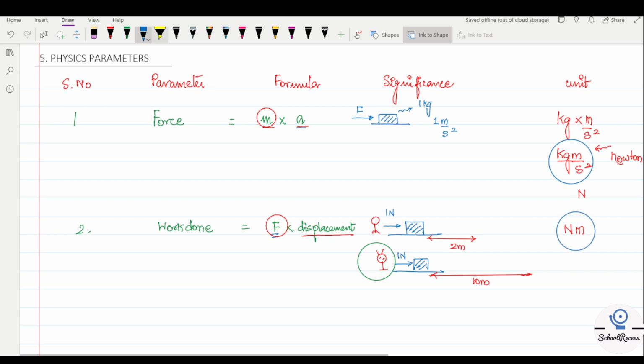As in physics, whenever there comes to be a derived unit like this, a scientist would be coming and asking us to keep his name. So here comes a scientist known as Joule. So the other unit for work done is joule, represented by capital J.